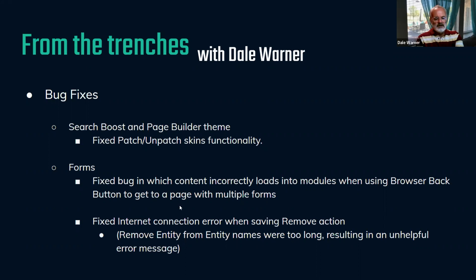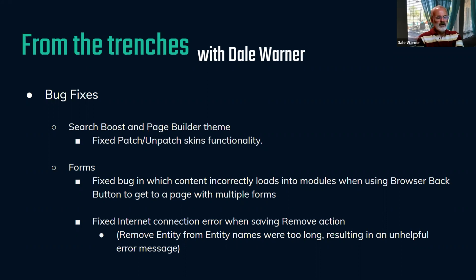And there was a kind of an esoteric bug that was also fixed. It was in the area of when you have an entity where you're using the list of entity type relationship, and you were trying to save an action that was to remove an item from that entity relationship, they weren't saving, and it was giving an unhelpful error message.